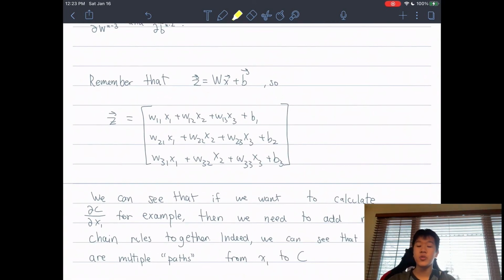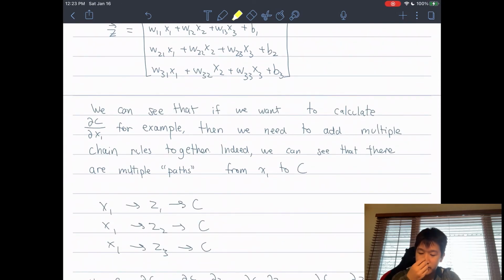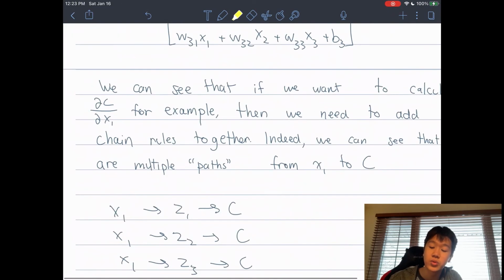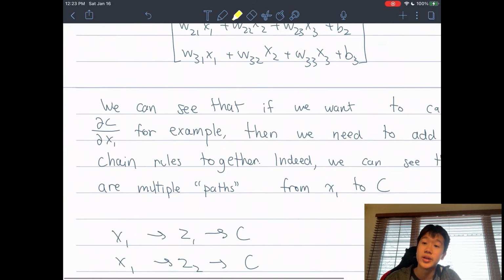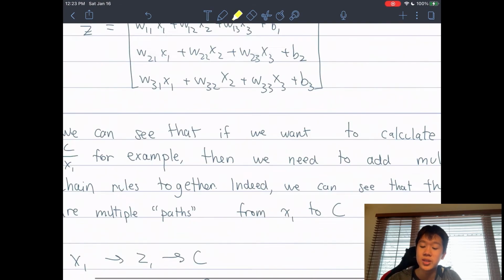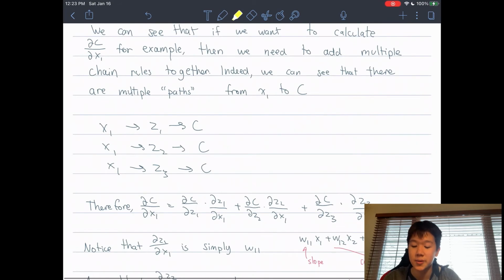If we want to calculate del c over del x1, for example, then we need to add multiple chain rules together, because there are multiple paths going from x1 to c. There is x1 in the first row, so x1 to z1 to c. We also have x1 in the second row, so x1 to z2 to c, and the same thing in the third row, so x1 to z3 to c.